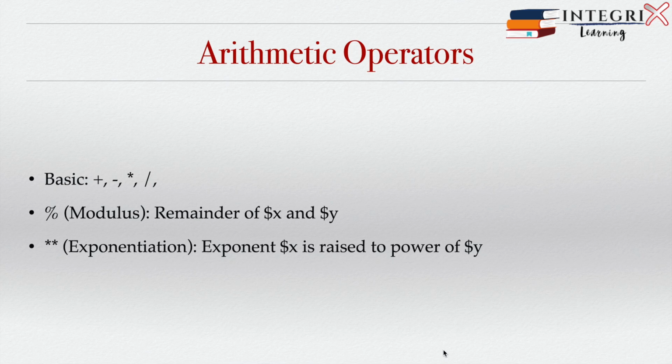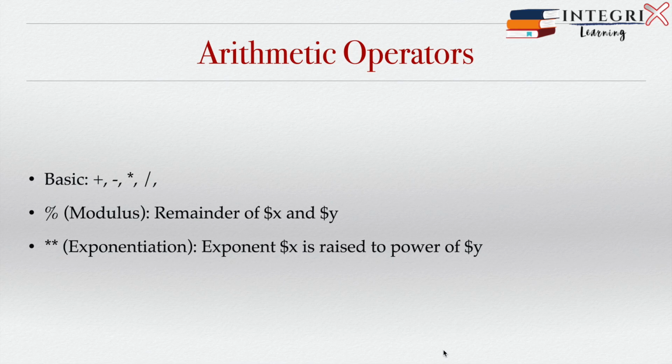So basic, as very evident, is plus, minus, product, which is denoted by asterisk, and forward slash, which is for division. Then we have modulus, which is denoted by a percent sign, which is nothing but a remainder between two values. If you divide two values, what would be the remainder?